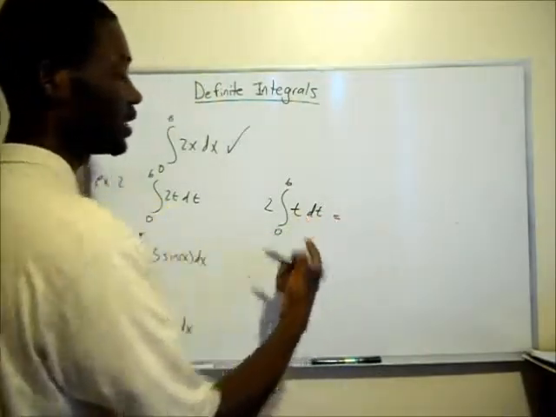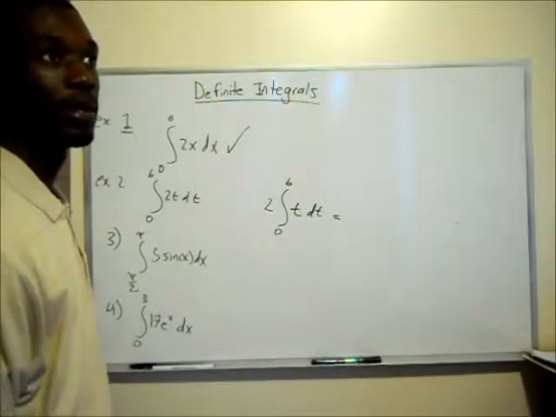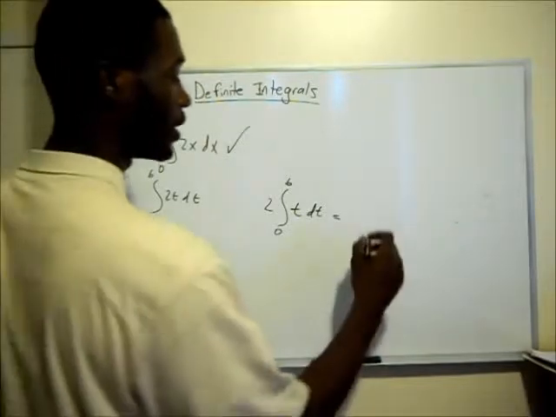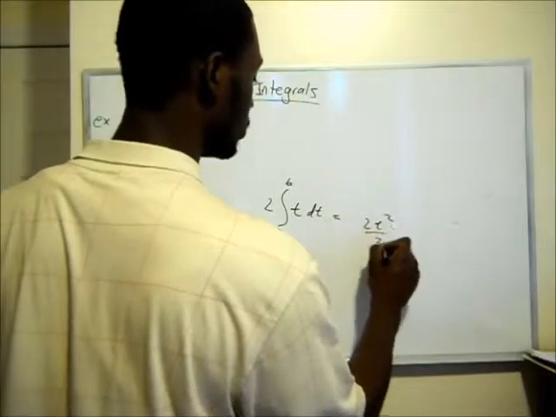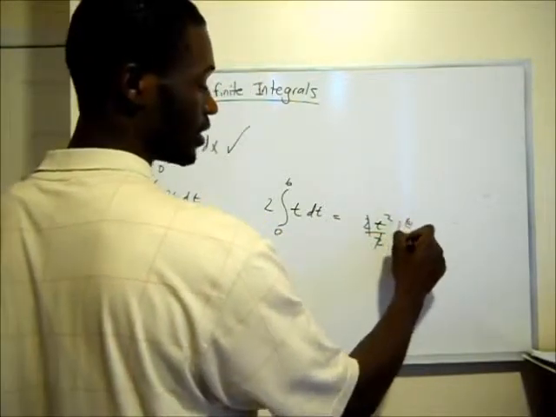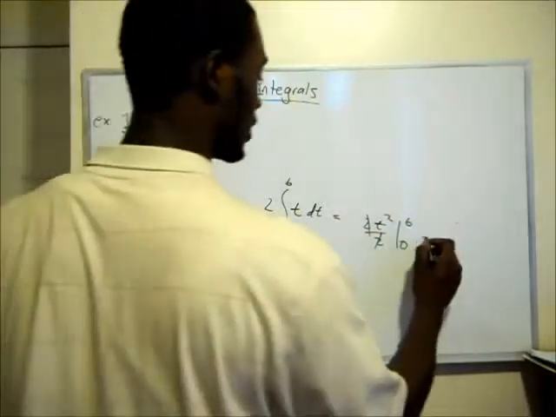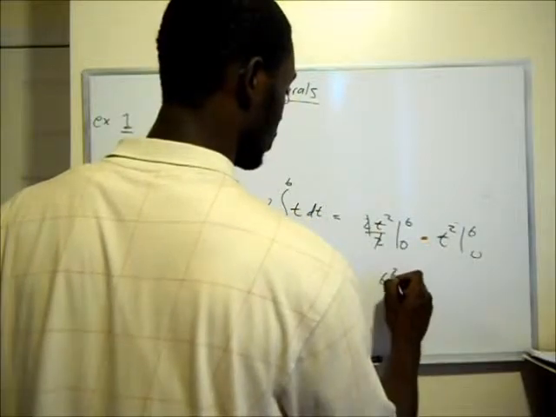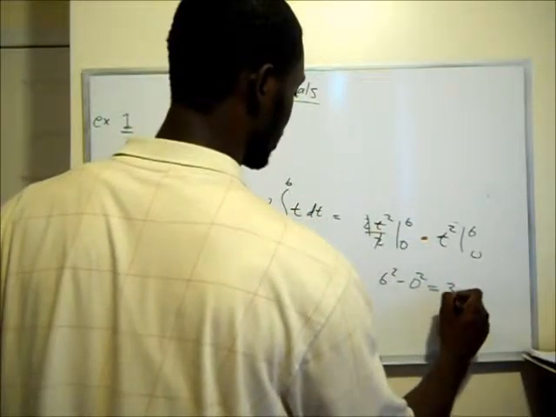Alright, so now t is to the 1 power, so I need to add 1 to that exponent, and then with that new exponent, divide the whole thing by it. So I'm going to get 2 times t squared over 2, cancel out the 2's, evaluate from 0 to 6, and we'll get t squared evaluated from 0 to 6. So it's going to be 6 squared minus 0 squared, which equals 36.